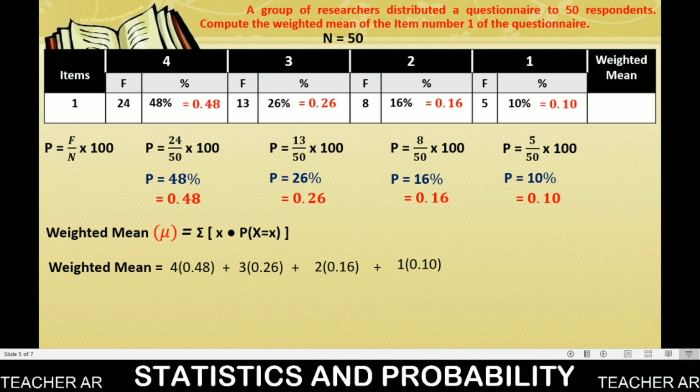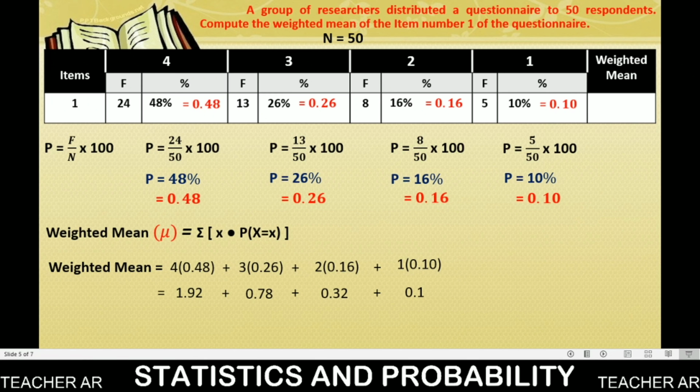Then after multiplying, we need to add all the results. So 4 times 0.48 is 1.92. Plus 3 times 0.26 is 0.78. Plus 2 times 0.16 is 0.32. Plus 1 times 0.10 is 0.10.